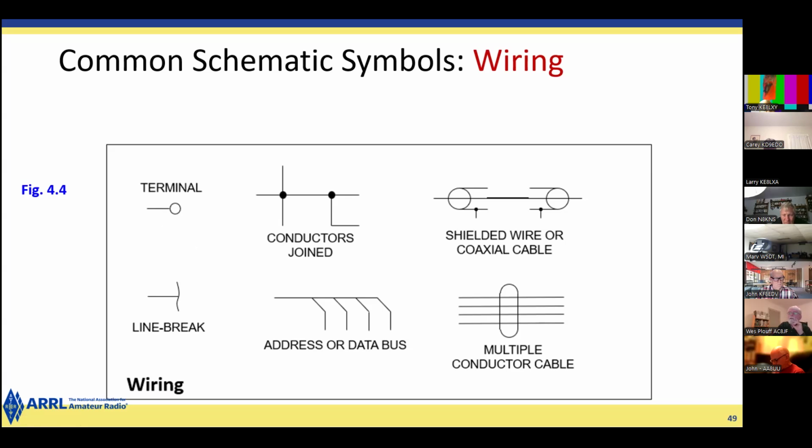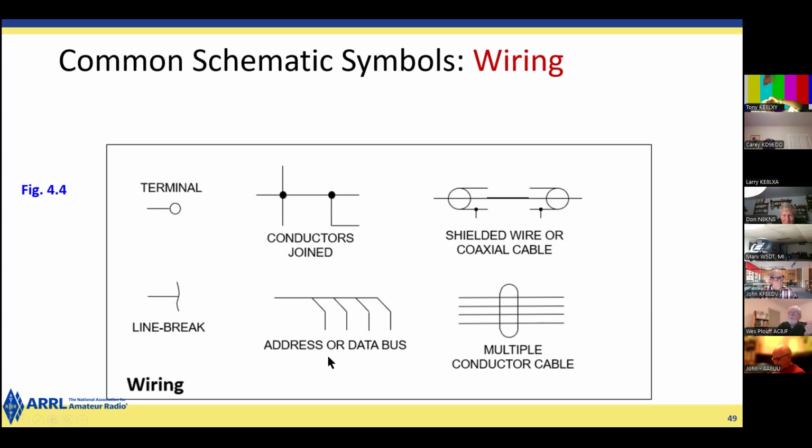And then there are other things that designate things like shielded wire, where the outer part there is a shield that keeps stray signals from getting into the center conductor of the cable.